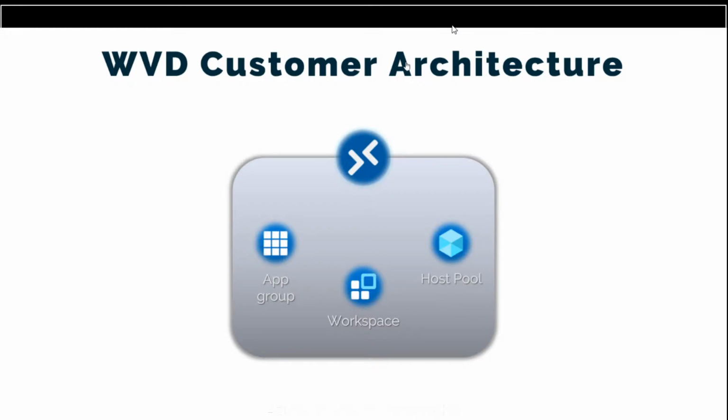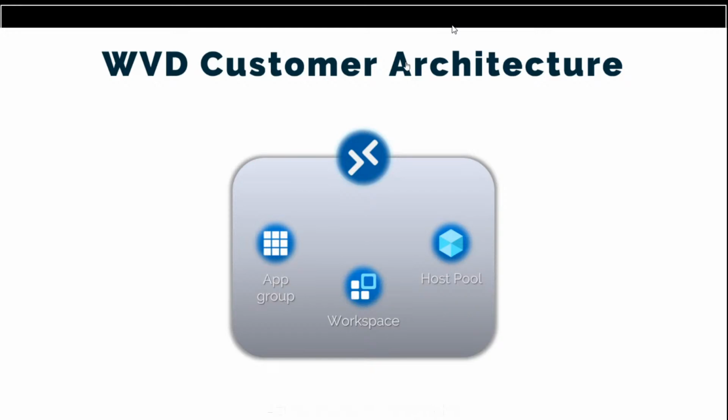So those components work together, and in fact, they have some dependencies, right? But in a nutshell, every time you deploy WVD, you will have those 3 components. It doesn't matter if you use PowerShell, GUI or CLI, every time you need to deploy those 3, right?